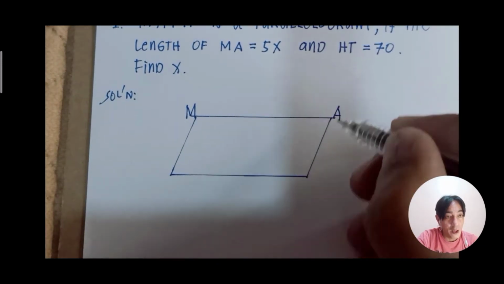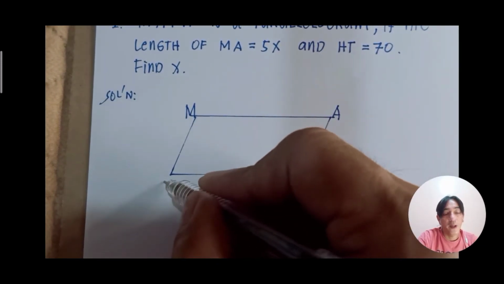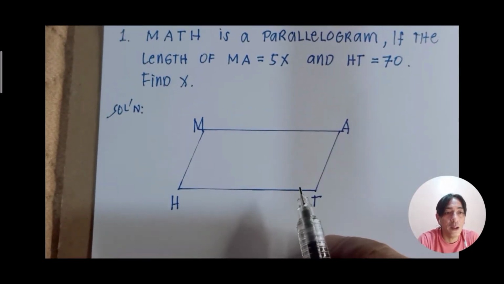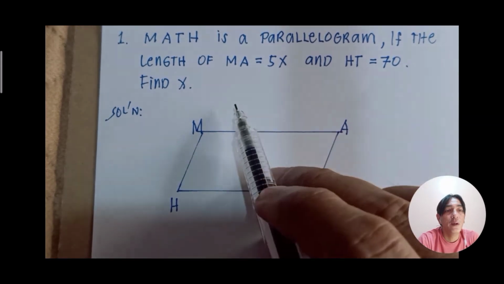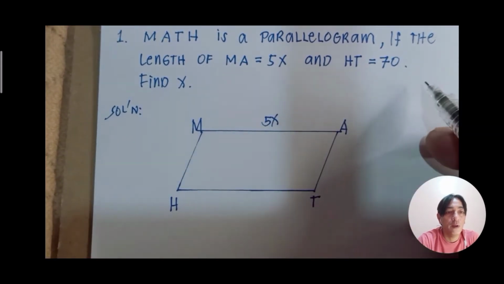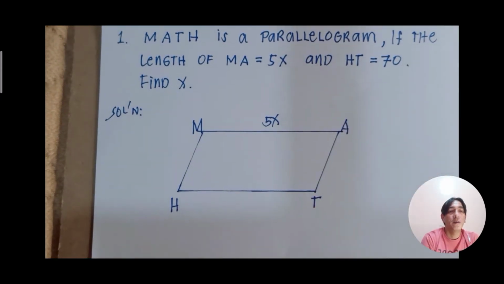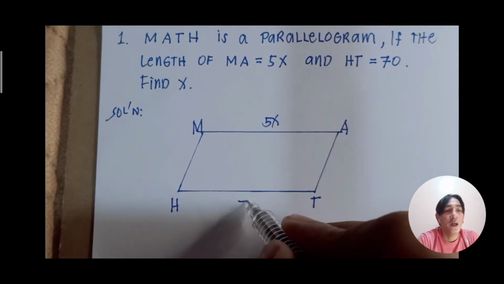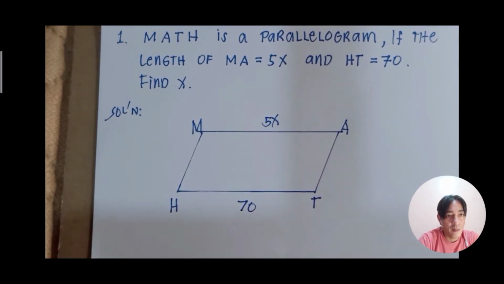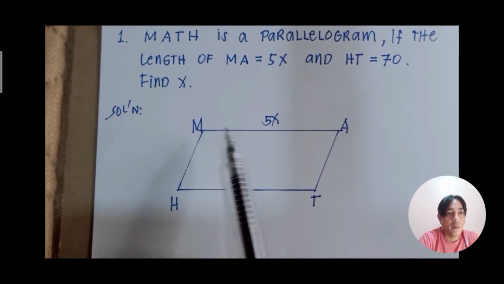Then, yung A, T, and H. Okay, so pag walang given na drawing ng parallelogram, just imagine a parallelogram and draw the vertices. Basta magkakasunod lang siya. Okay, ayan yung MA natin, which is 5x. And ang HT natin is 70, and then we will solve for the value of x.